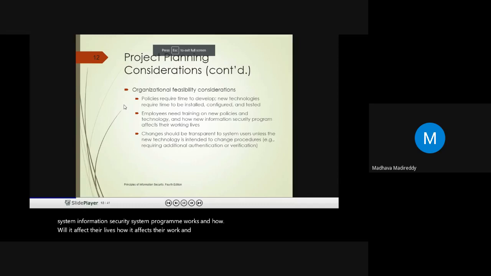Then the changes should be extremely transparent to the system users, unless the new technology is primarily based on authentication and verification. Otherwise, we just want to make the changes really transparent to all the users.